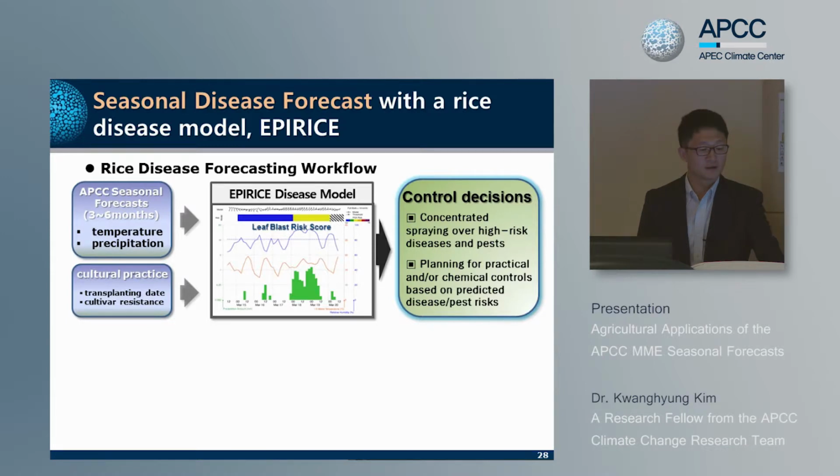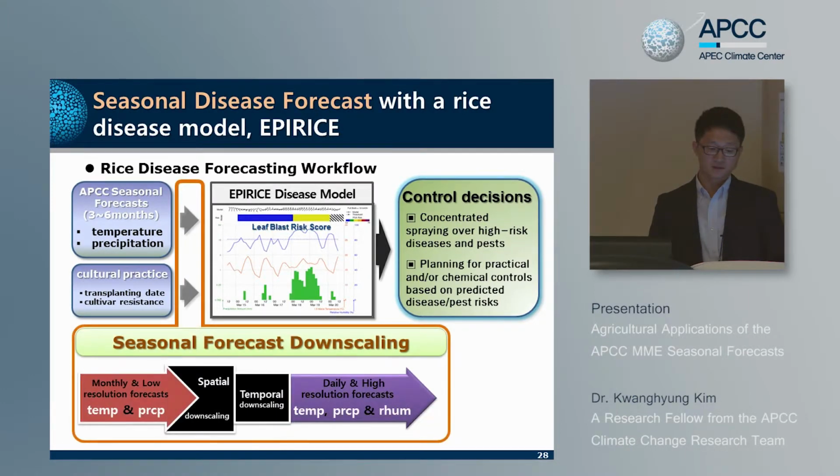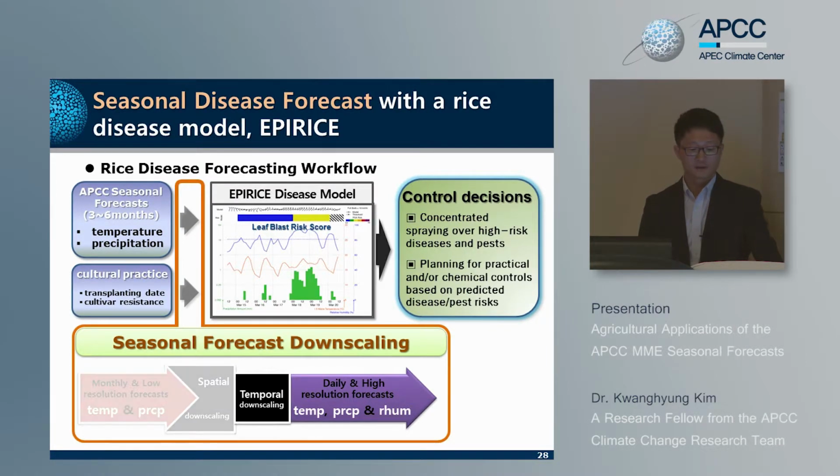However, this EPIRICE model is a field-scale disease model utilizing daily weather data. So definitely the seasonal forecast data need to be downscaled spatially and also temporally. In this study, we just focused on temporal downscaling using a weather generator. It was evaluated to test its applicability for the field scale crop model.